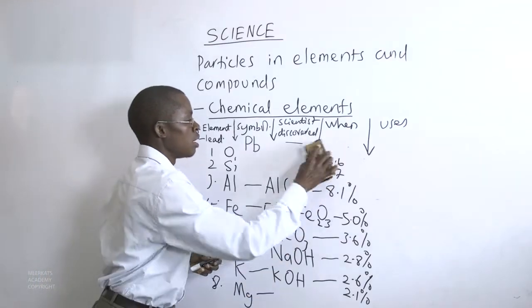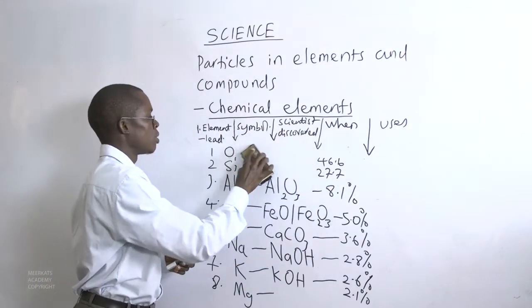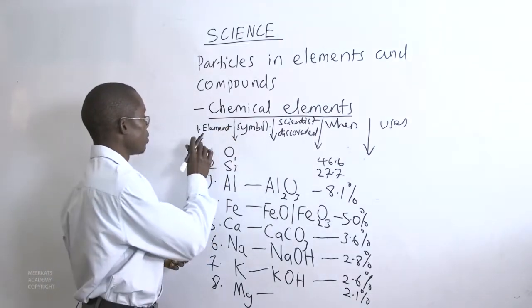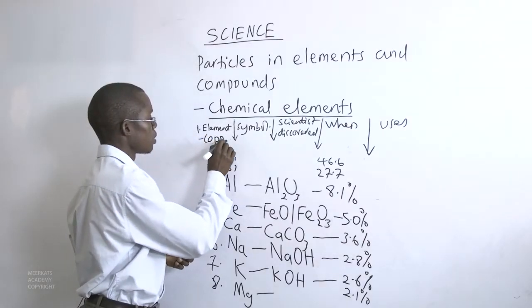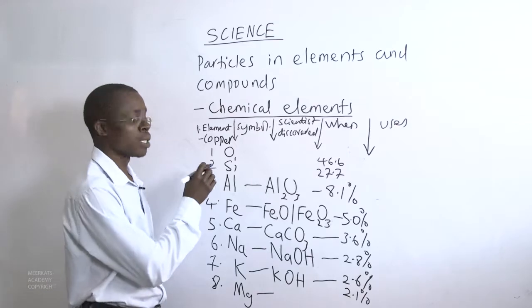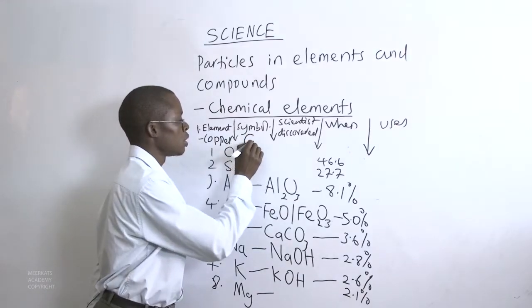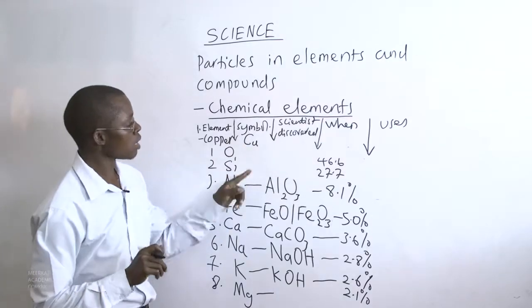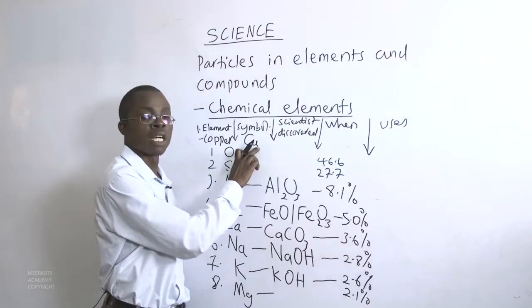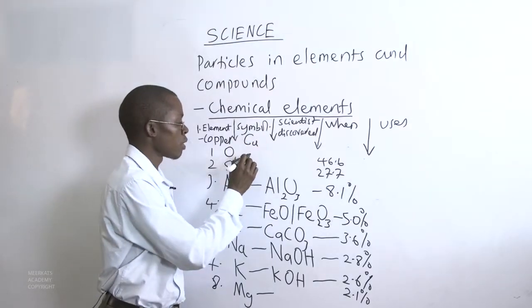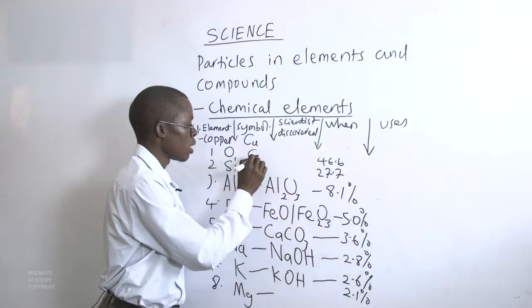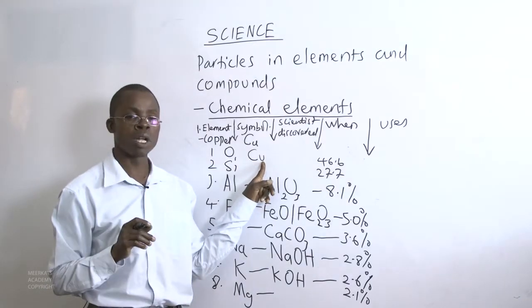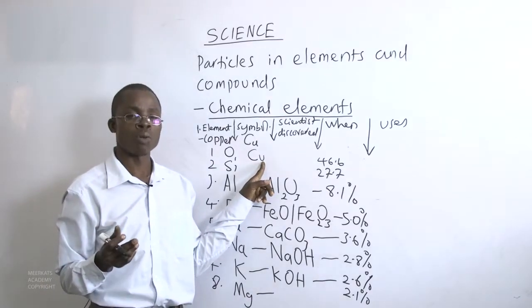The second metal, or element, will be copper. Let's have copper. Copper is written simply as Cu. Remember, they should not touch each other, and the u must be a small letter u by size and appearance. If you write copper as capital C capital U, that is wrong, because as much as this u is smaller in size, by shape it is capital.